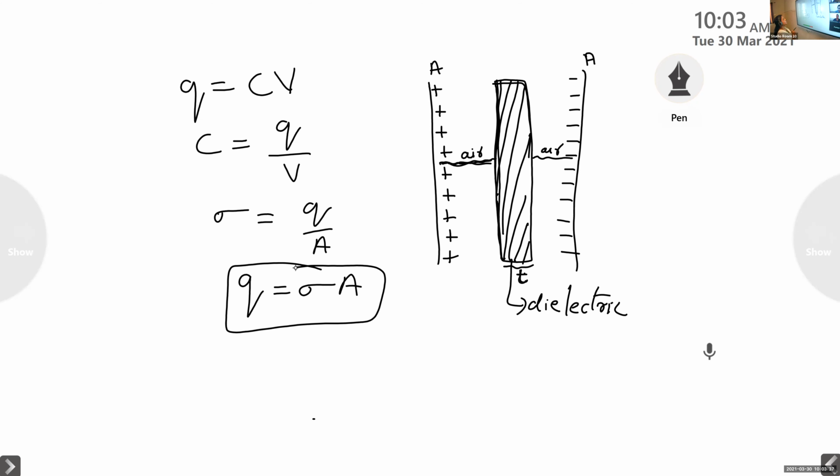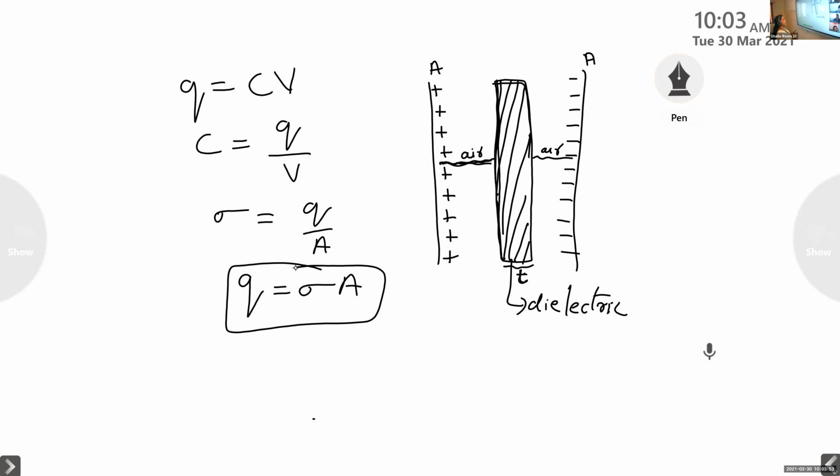So we are starting with the equation for capacitance, Q is equal to CV. From that, we derive C is equal to Q by V, where Q is the charge and V is the potential.